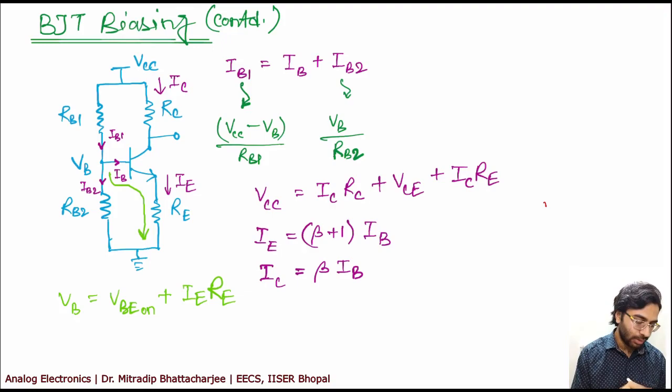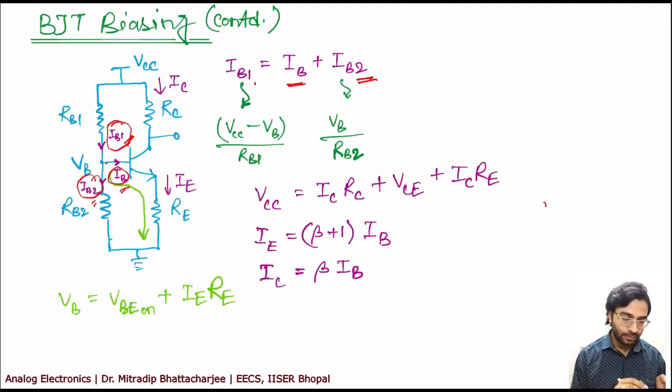Say the current through RB1 is IB1, current through RB2 is IB2, and current through this branch is IB. Now from this you will find that IB1 is equal to IB plus IB2. See, IB1 is getting bifurcated, divided into two different branches. So this IB1 will be equal to IB2 plus IB.